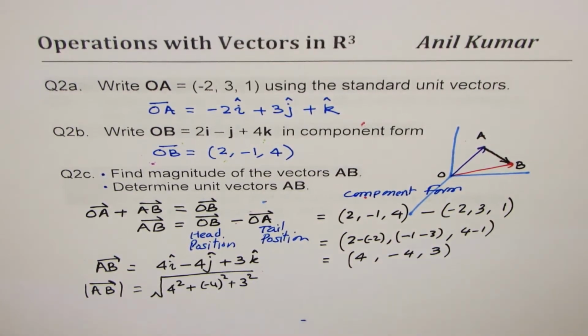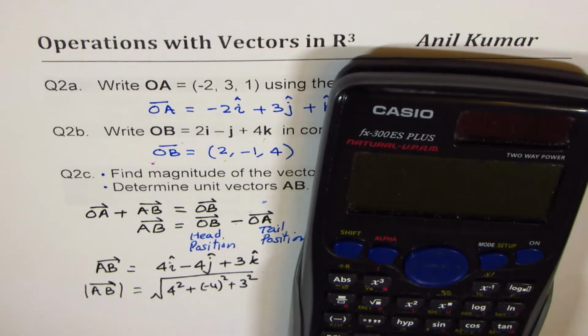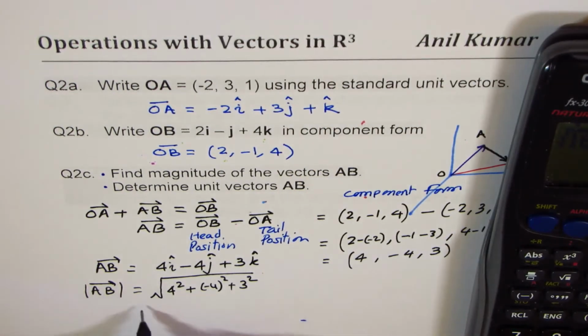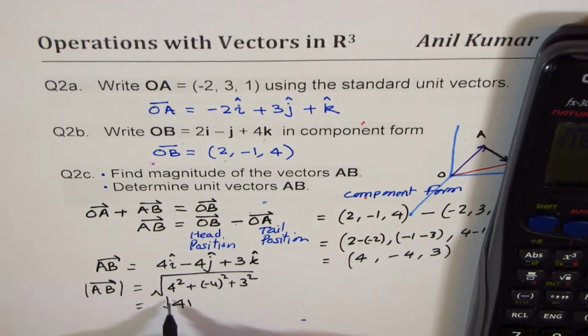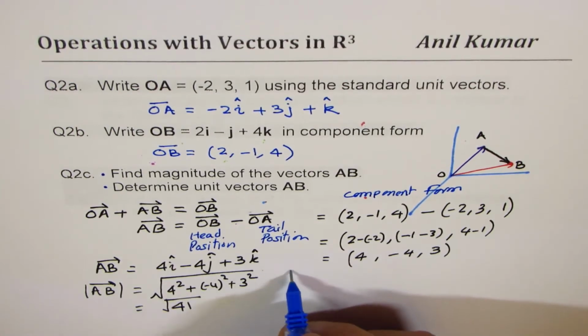Let's use the calculator to find the answer. So we have square root of 16 plus 16 plus 9, which equals square root of 41. So that becomes the magnitude of vector AB. Now, what is unit vector AB?